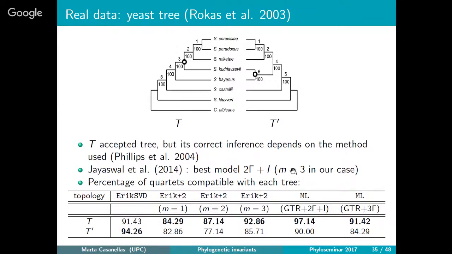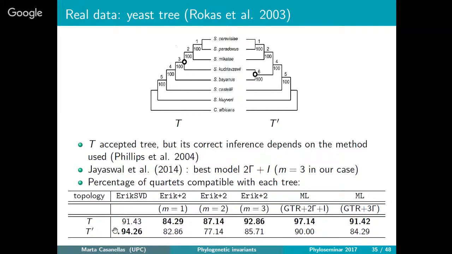The problem with this method, ERIC+2, and all the other methods based on these flattenings, is that we cannot put directly gamma rates or invariant sites. We just have to consider 1, 2, plus 1, 3 mixtures in our case. So let's compute how many quartets for this data are compatible with T or compatible with T prime.